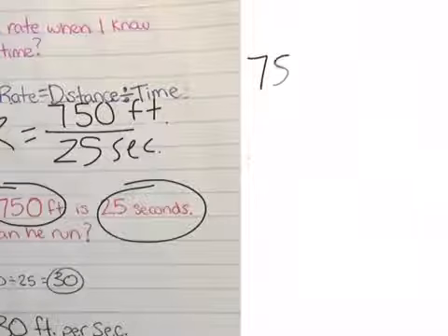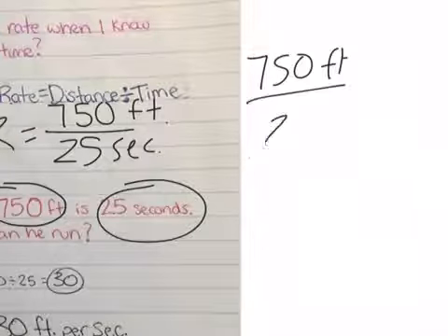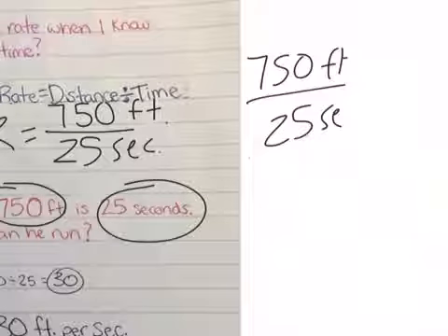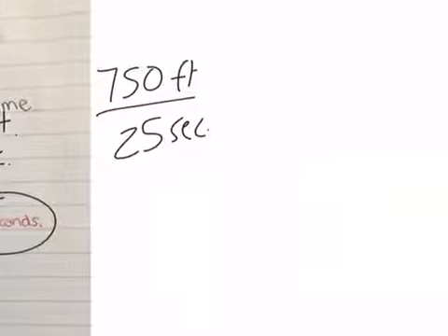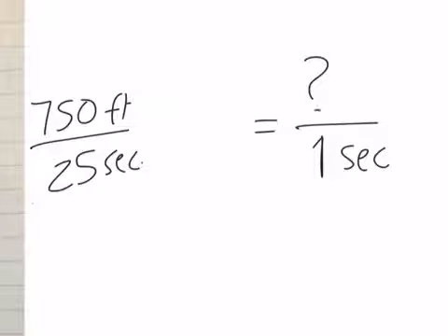So we have step 1, write the ratio, 750 feet to 25 seconds. Step 2 is we write the goal, what we're trying to get to. We're trying to get to 1 second, and that's going to say, well, how many feet is that?